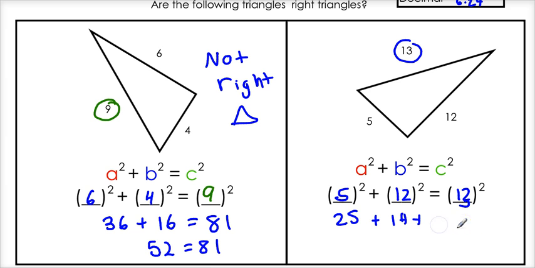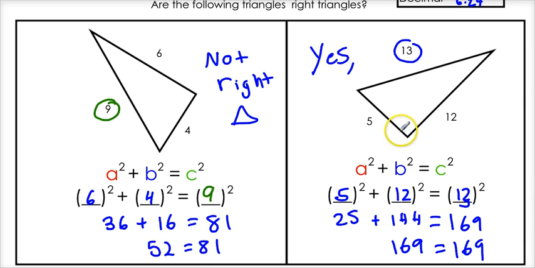And 13 squared is 169. 25 plus 144 is 169. This is 169. And so, yes, this is a right triangle. Okay, let's move on to the next part with the distance formula.